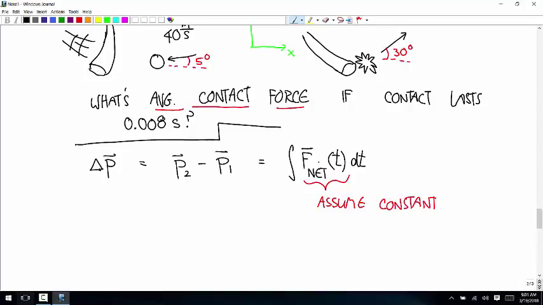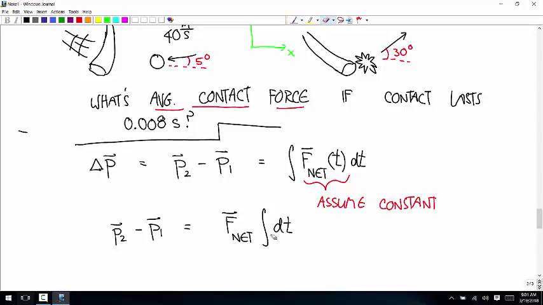And so if it's constant, you can pull it outside of the integral. And you get that P2 minus P1 is equal to this constant F net times the integral.